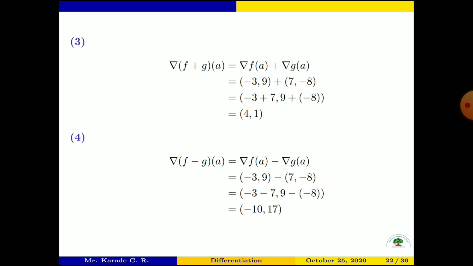Now we find the next identity, the gradient of f plus g at point a.